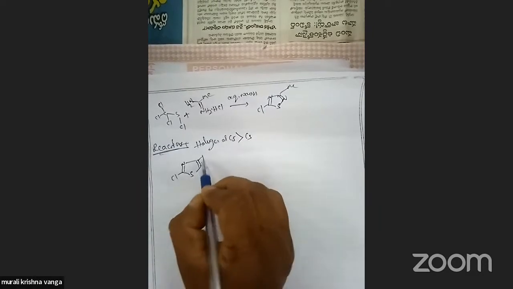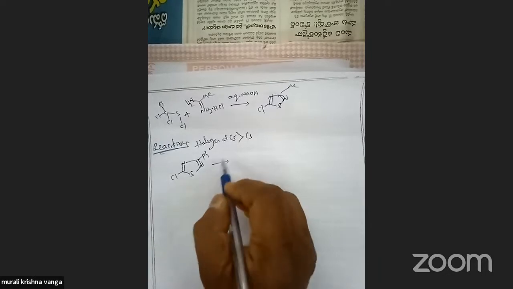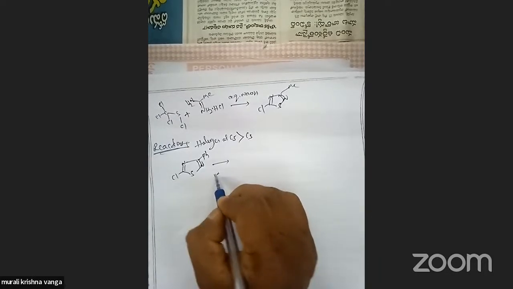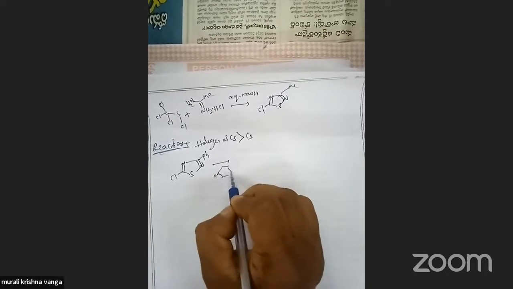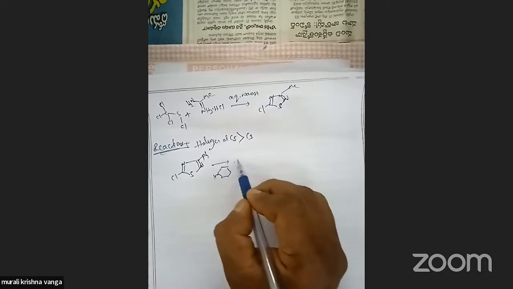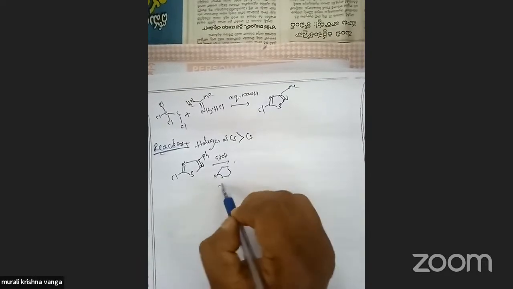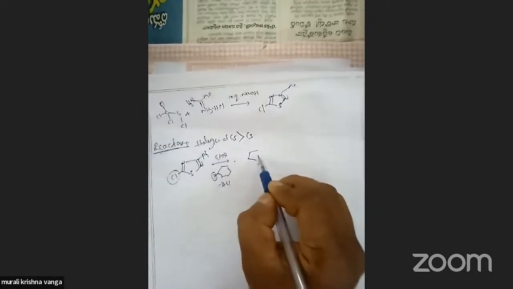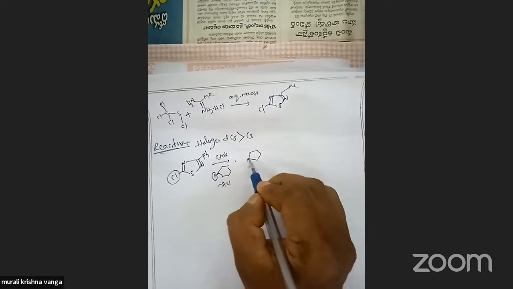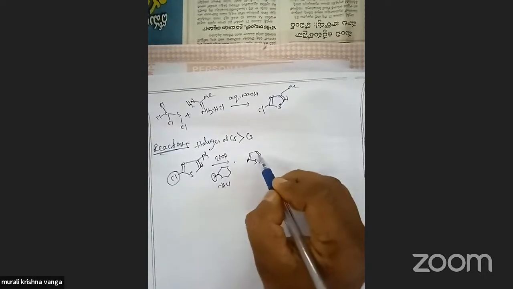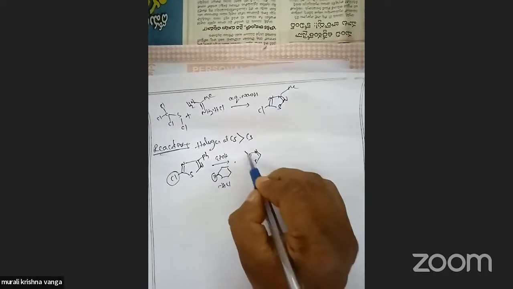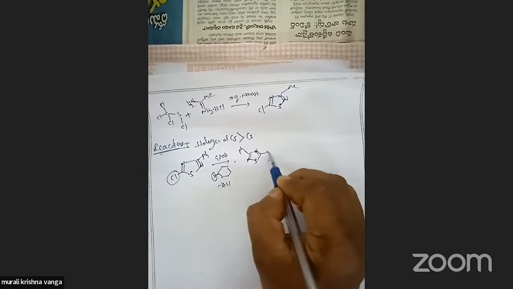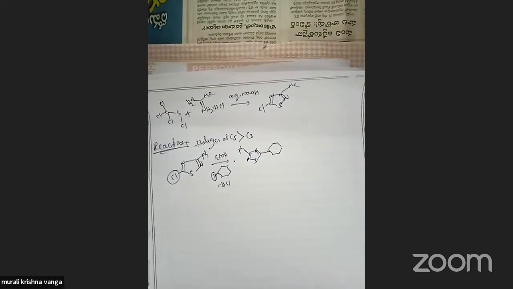Here I am taking a halogen substituted compound reacting with piperidine in ethanol solvent, with loss of HCl. Then the product is this. This is the product we get.